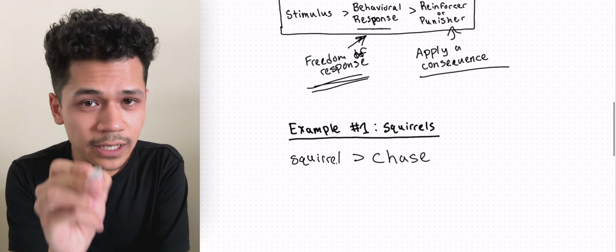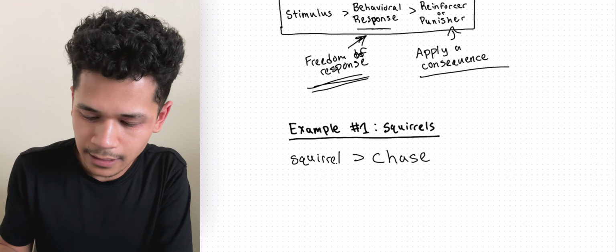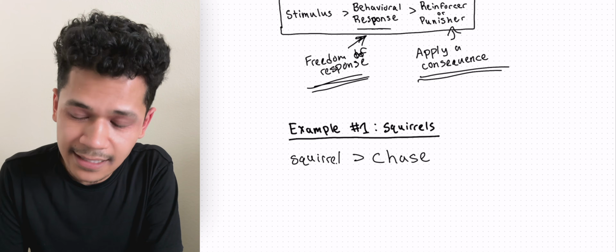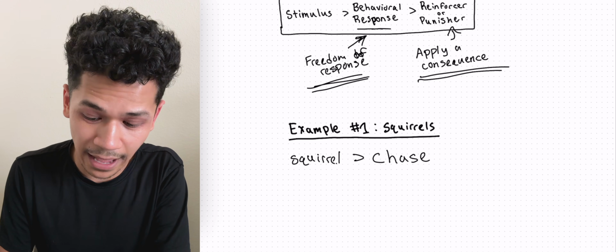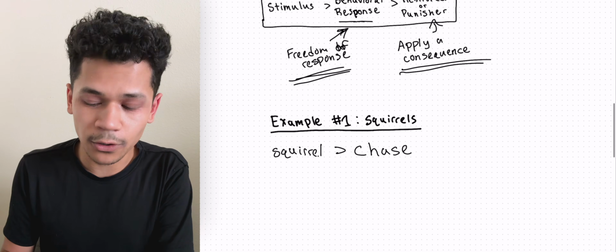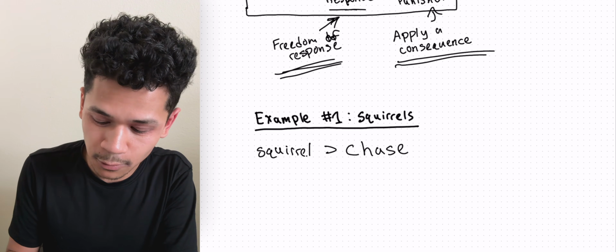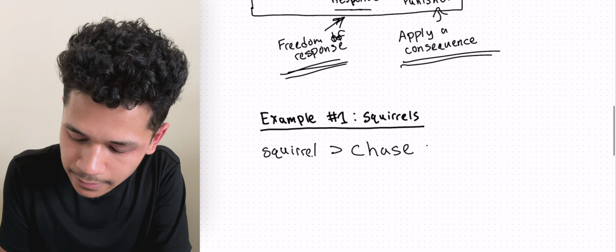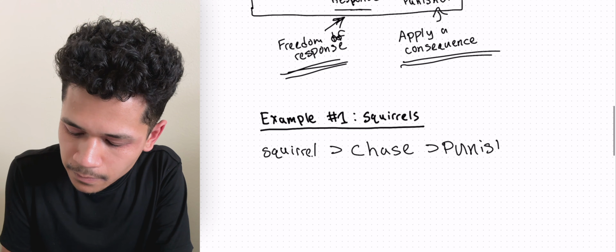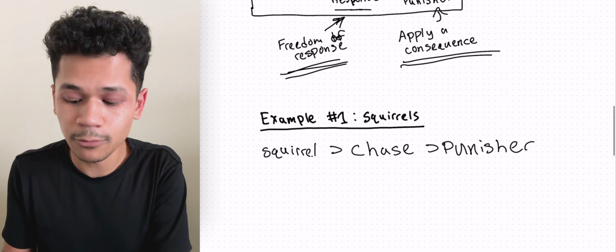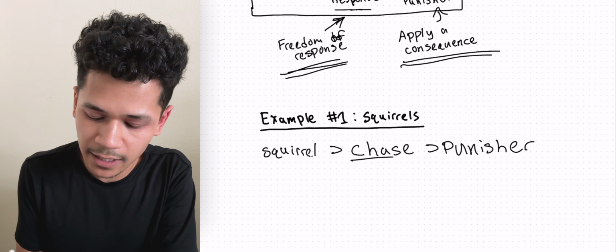Now what you need to do as the handler is you need to apply a consequence to either reinforce or punish that behavior. So if your goal is to eliminate the chasing of squirrels, then you would apply a punisher to that specific behavior.